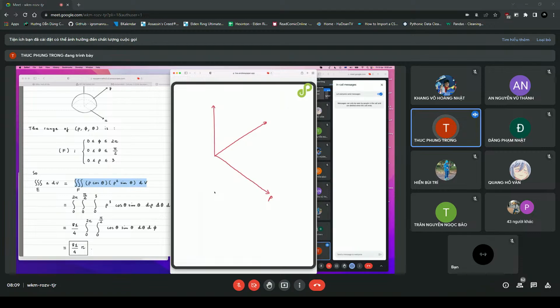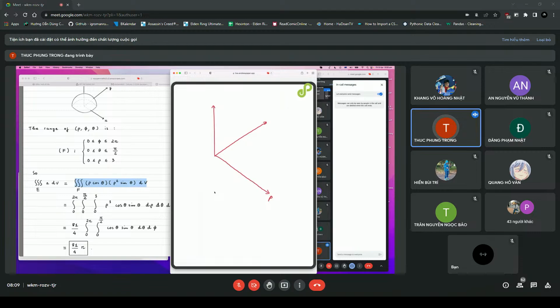So you can change any order you want, no problem with the order. You may write d rho, d theta, d phi like this one. Or if you would like, you can write d theta first and then d phi and then d rho, or d theta, d rho, d phi, any order. We have 6 different orders, right?